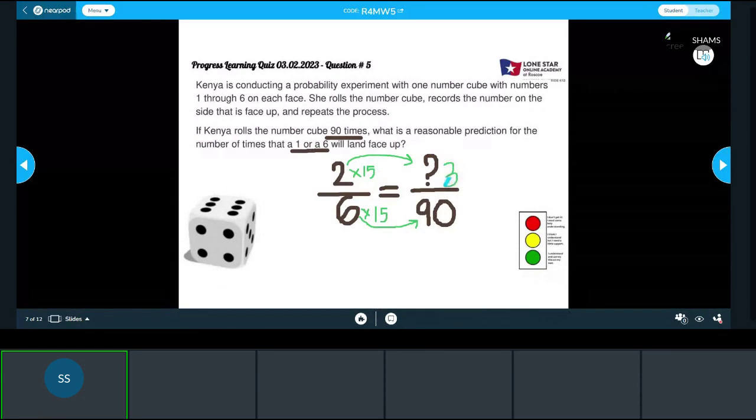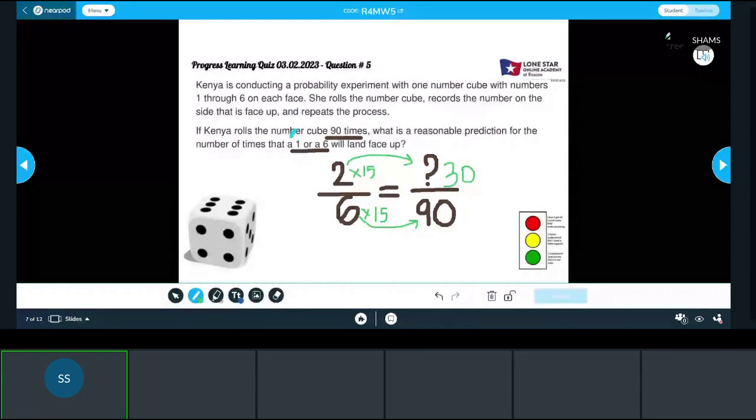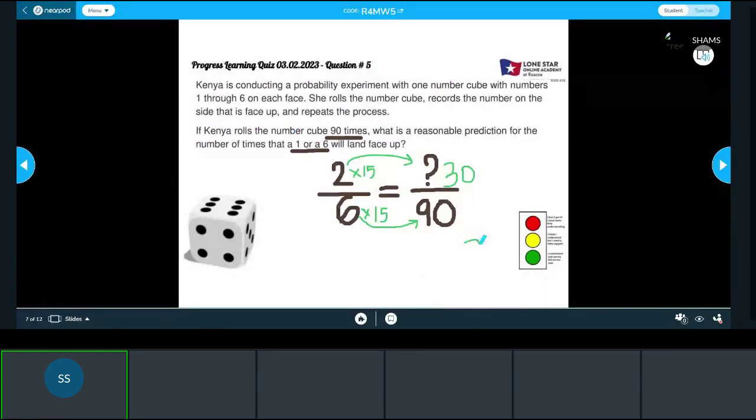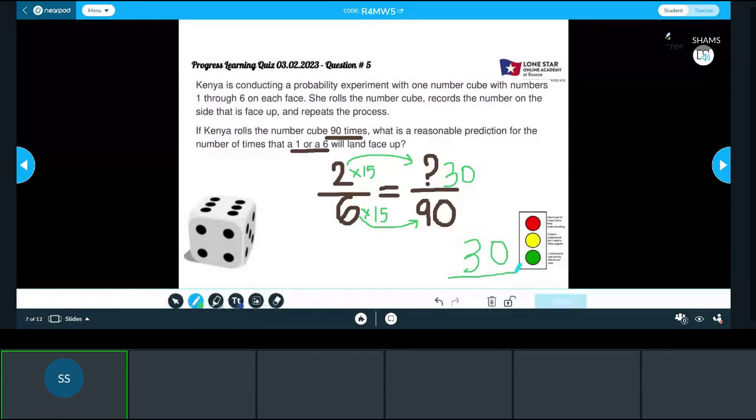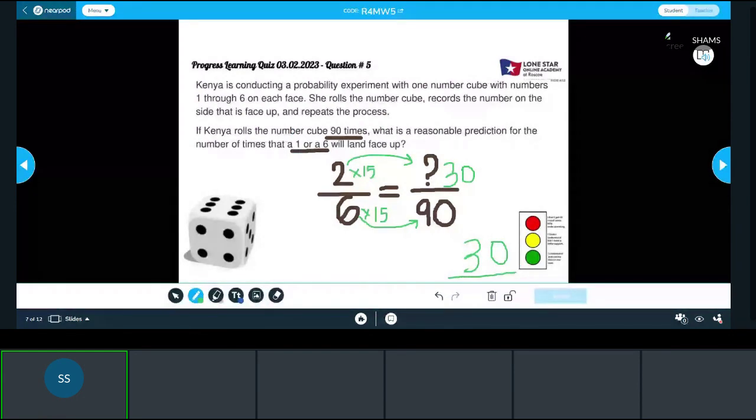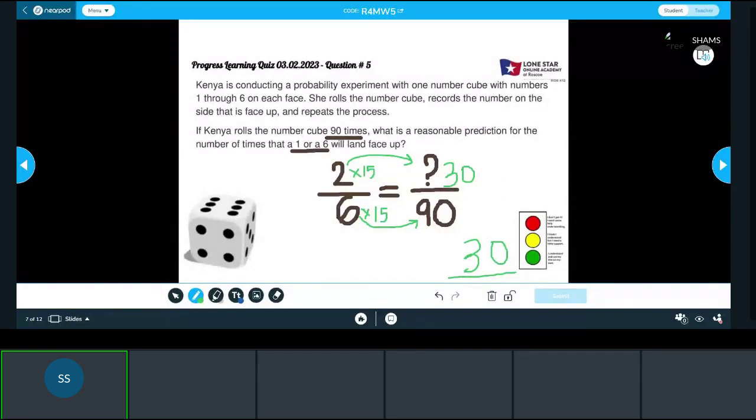Then I can expect 30. That if Kenya will roll the number cube 90 times, we can expect it to land on a number 1 or 6 facing up 30 times out of the 90. No fraction is the answer, but we can expect 30 times that the number cube will land on either 1 or 6 facing up.